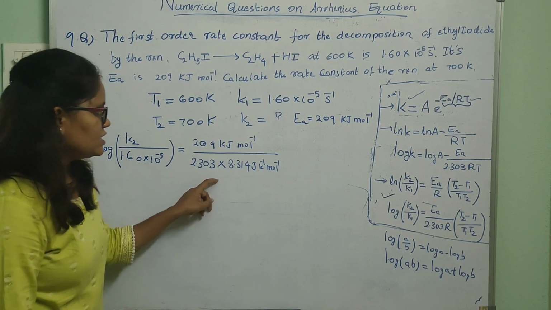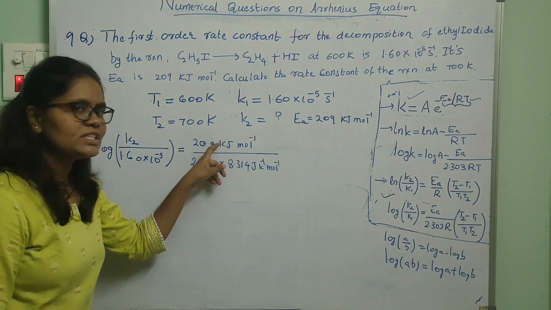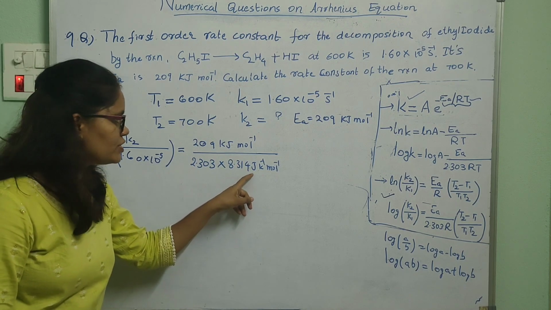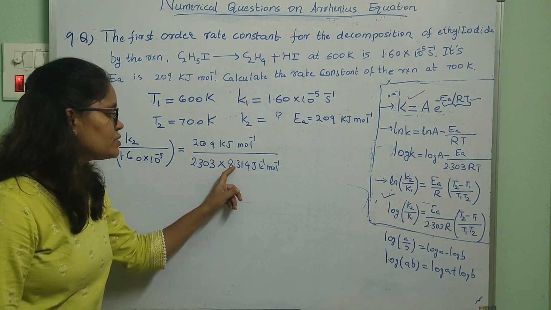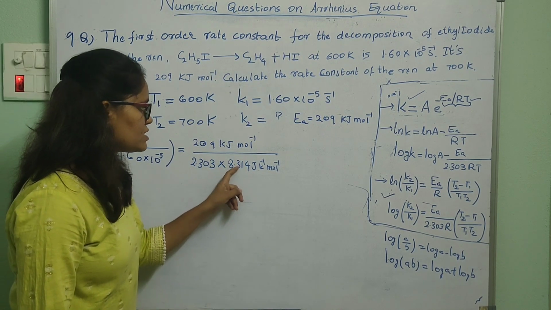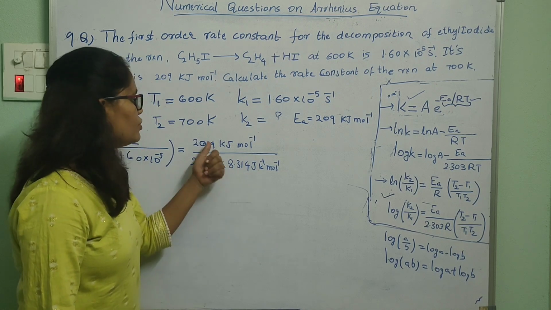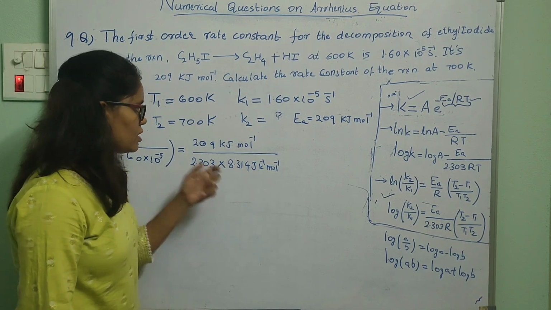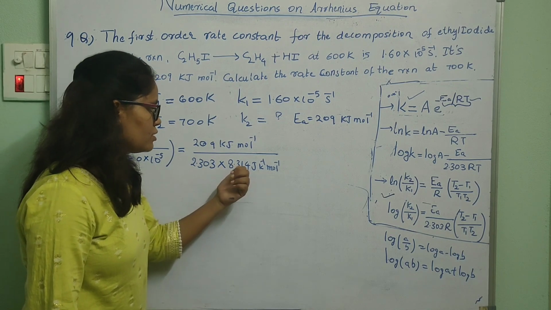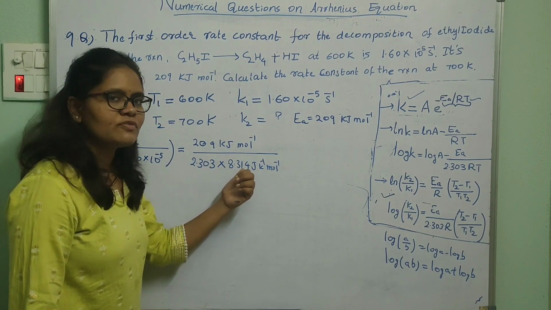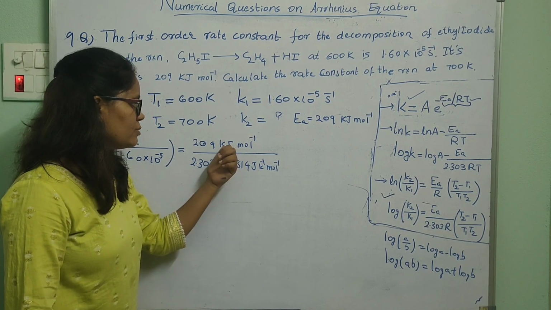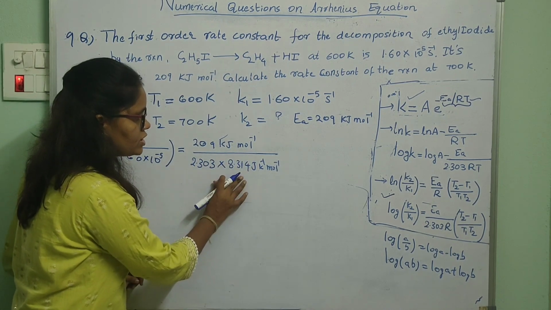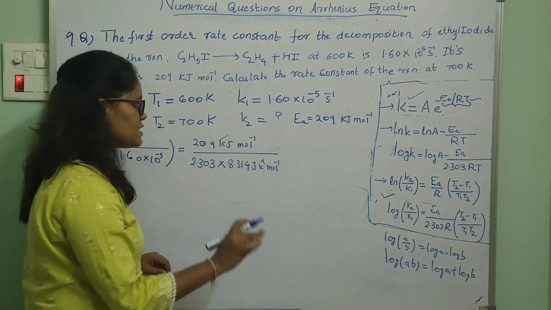Now notice one thing here. So the numerator is in the unit of kilojoules and denominator is in the unit of joules. So when you are using the value of R as 8.314, you need to represent this activation energy in the form of joules. Okay. You can do either way. You can represent this in the form of kilojoules or you can represent it as joules. But both the numerator and denominator should be in same units.